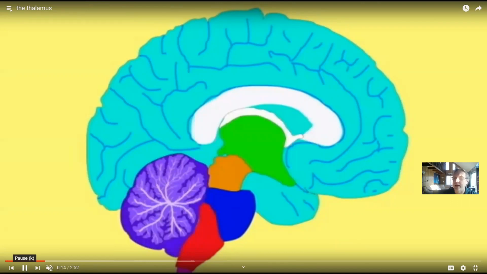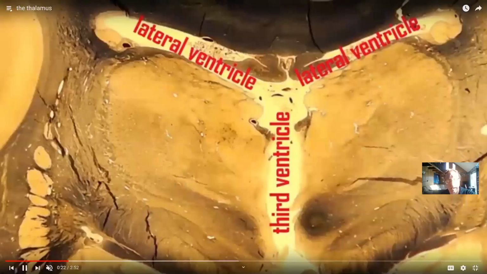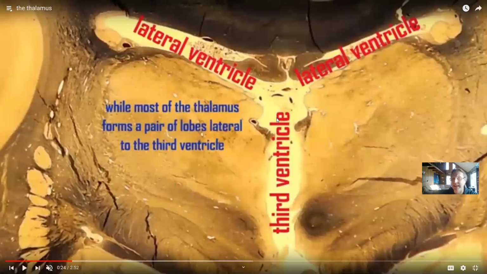And so the lateral lobes of the thalamus are often removed, and thus you get a lesser idea of the size of the thalamus. And so a mid-sagittal section would cut right through this space, the third ventricle. But the majority of the thalamus, you can see, is a lobe which is lateral to that. And so there are these lateral lobes on either side of the third ventricle.